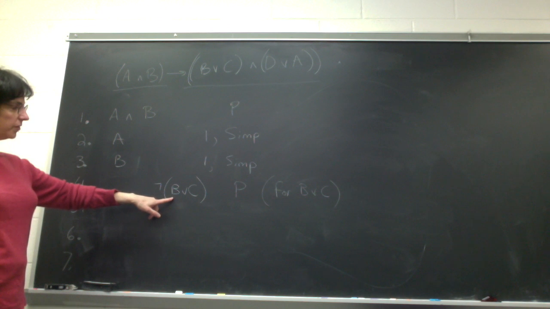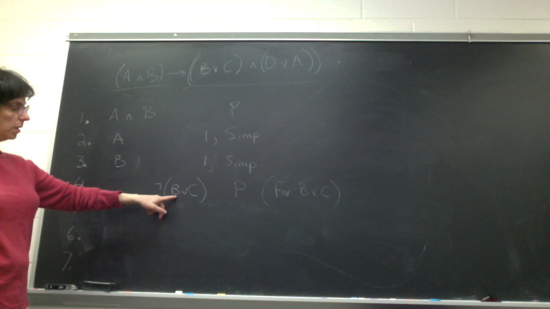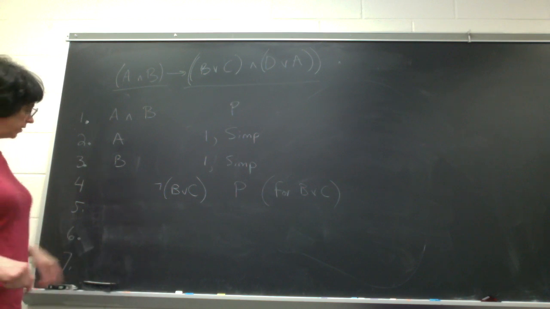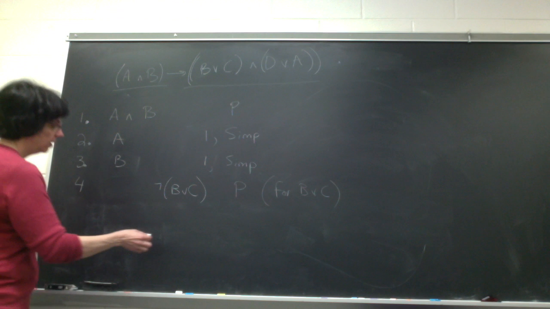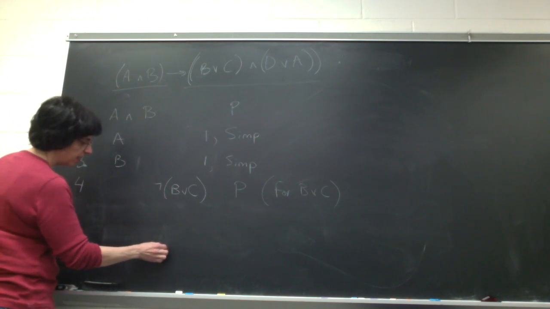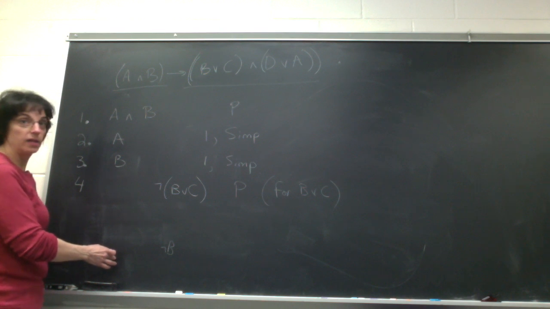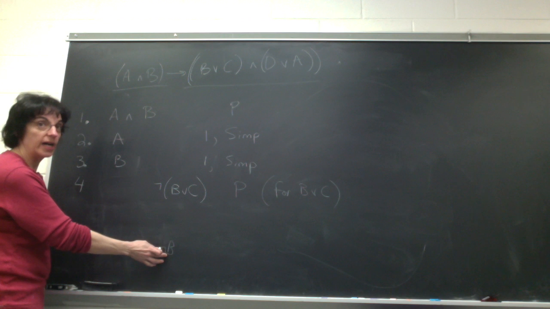If I know not B or C, what if I assume I already know B? So what I want to do is in here somewhere, I want to end up with like a not B, because that'll give me a contradiction, which will let me, right, to this. So how can I conclude not B?